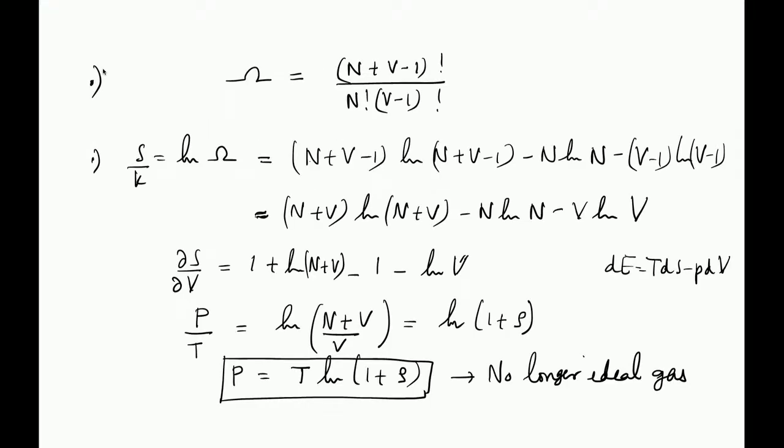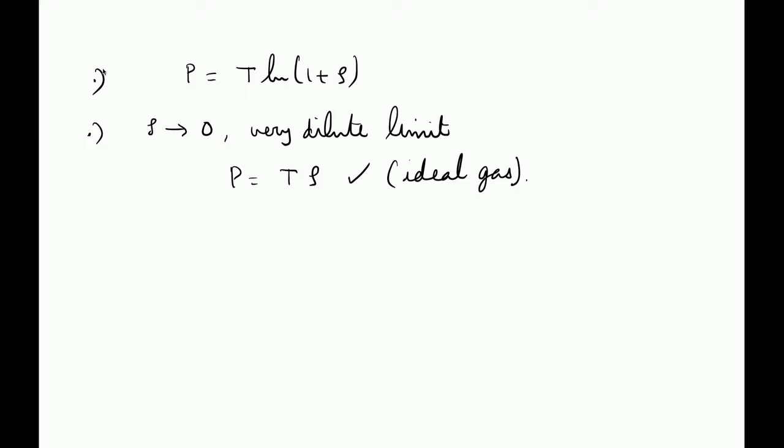If it was so dilute that particles are so far away, non-interacting, it should become a non-interacting problem. So if I take the limit rho going to 0, then log 1 plus rho is roughly rho, and I get back ideal gas. Okay. So if you understood that problem, now let us make it a bit more complicated.